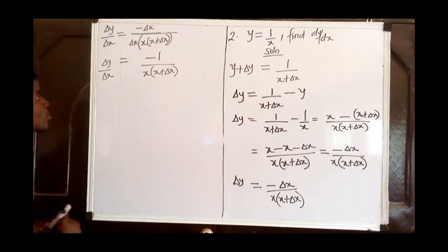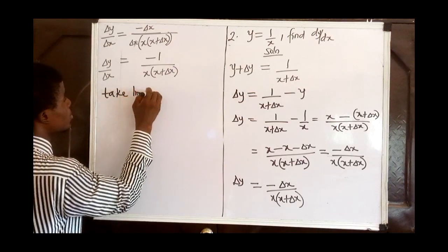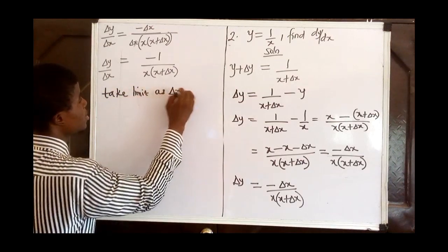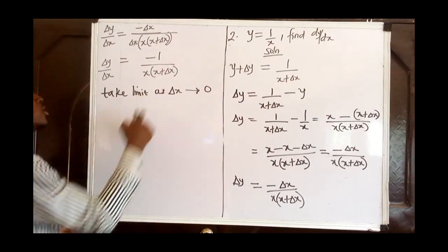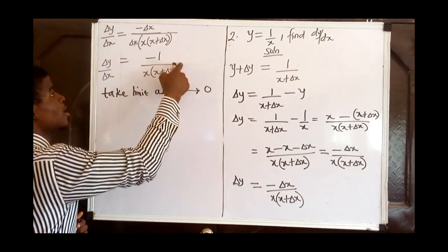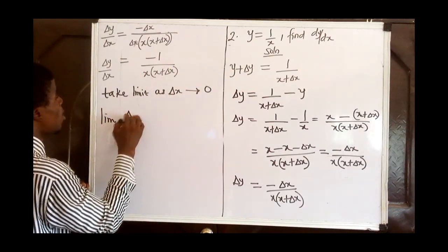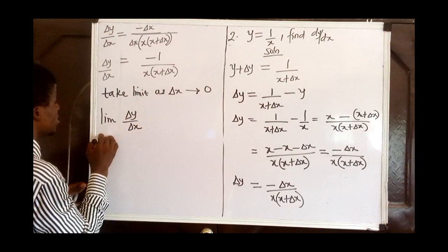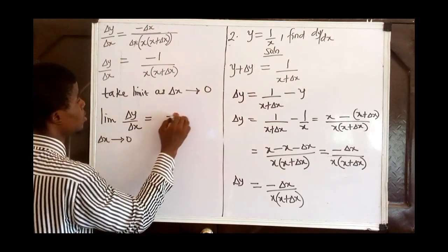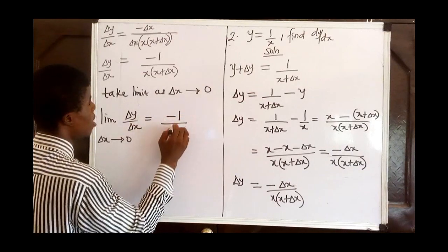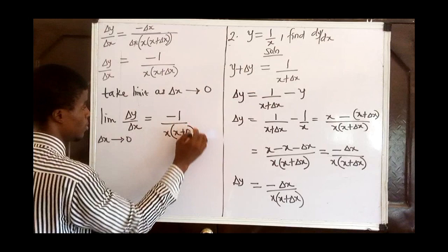And so now we will take limits as delta x approaches 0. That is to say, we will substitute 0 for delta x here on the right hand side. So the limit of delta y over delta x as delta x approaches 0 is negative 1 over x times x plus, instead of delta x, I have 0.